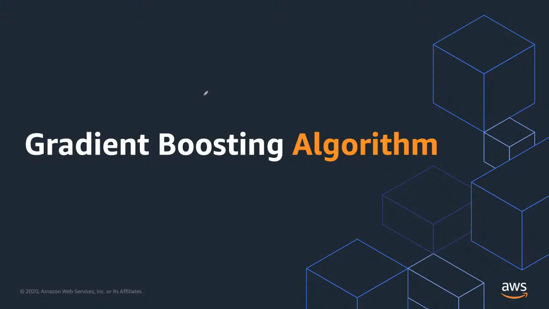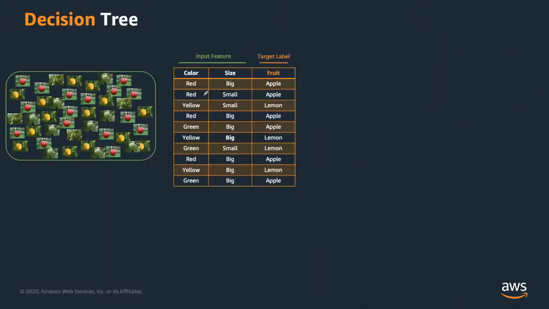To do so, let's go back and revisit what a decision tree is, because decision tree is used in boosting algorithms. So it's always good to understand what a decision tree is. As the name suggests, decision tree is also a supervised machine learning algorithm.